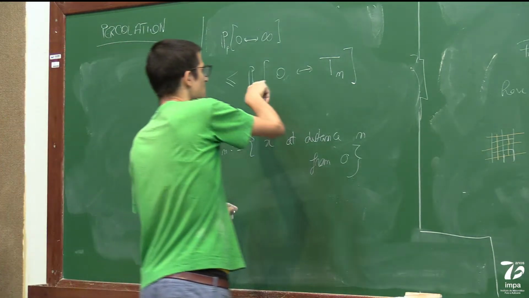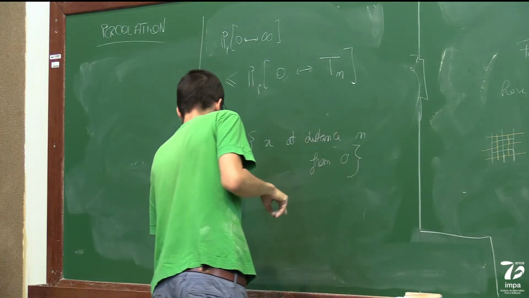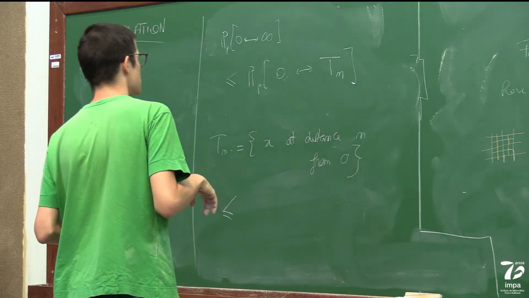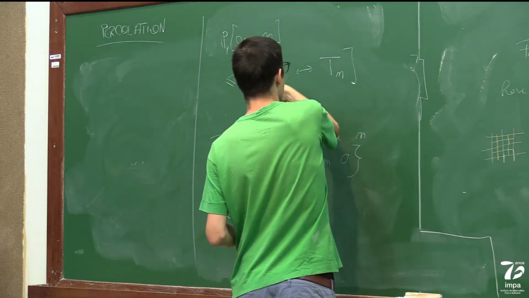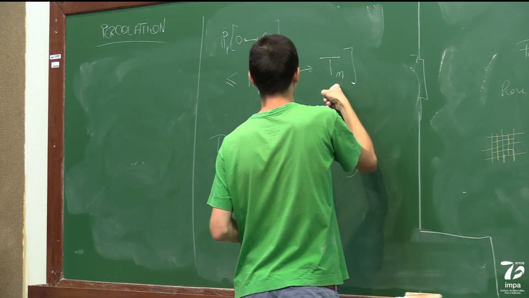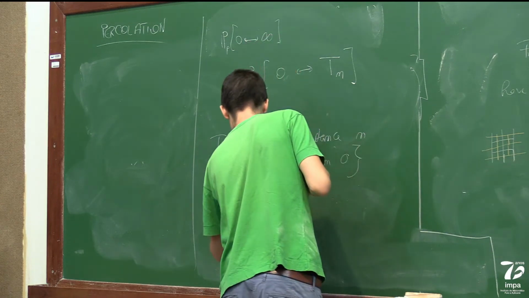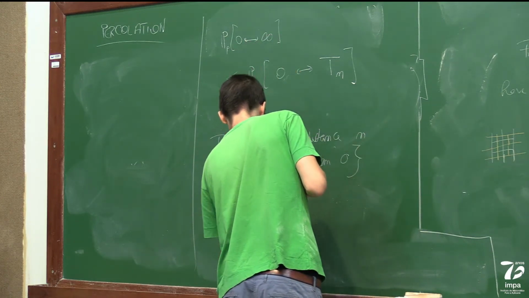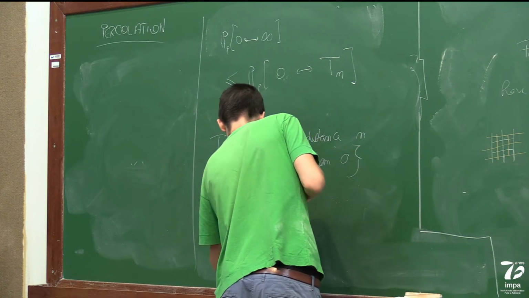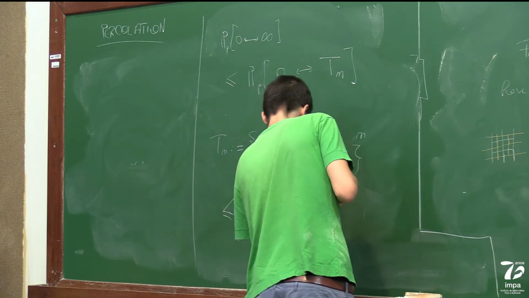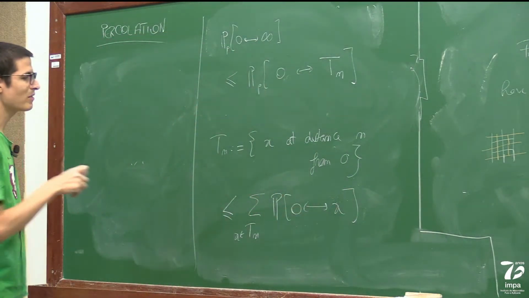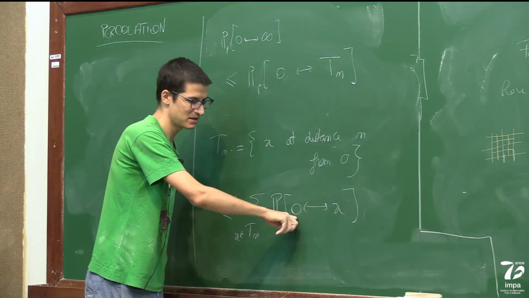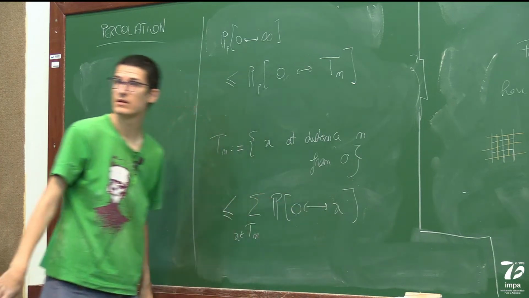And using the union bound, this is smaller than the sum over x in T_n of the probability that 0 is linked to x. And there is only one self-avoiding path linking 0 to x.